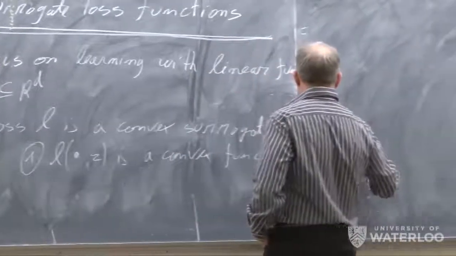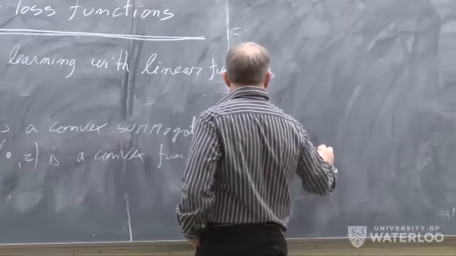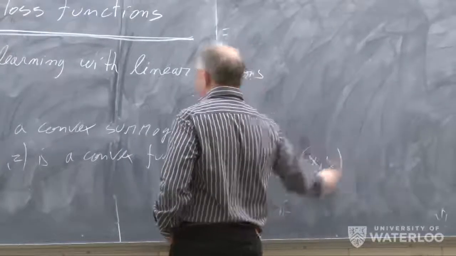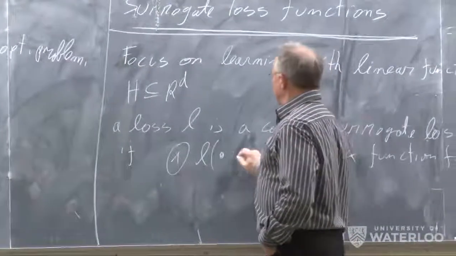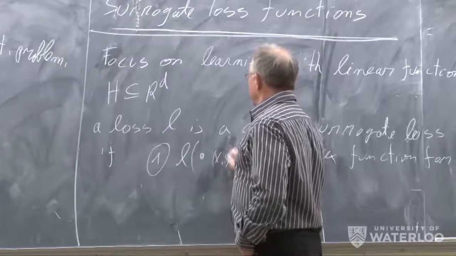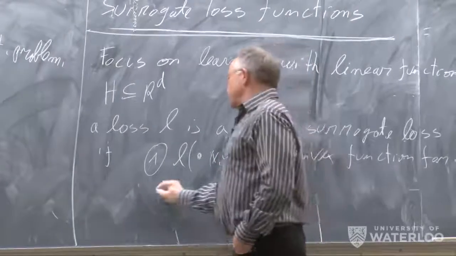for every, let us look at the case Z is xy, so let me write here xy. For every xy, it's a convex loss function.